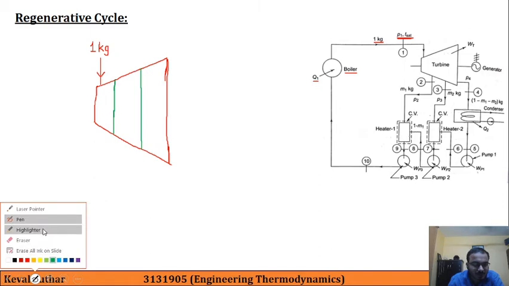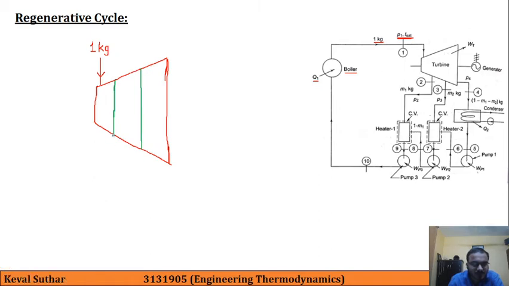So what we are doing here is, at the end of our first part, we are taking M1 kg out of this turbine. Okay, that is our point 2.